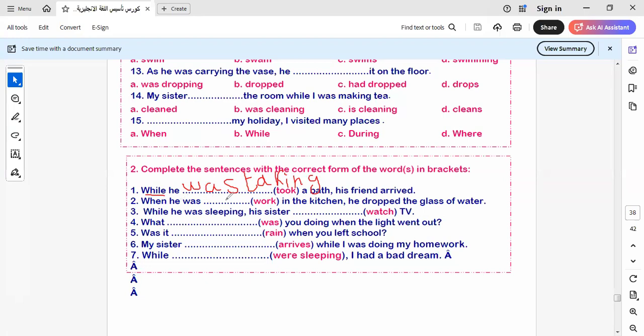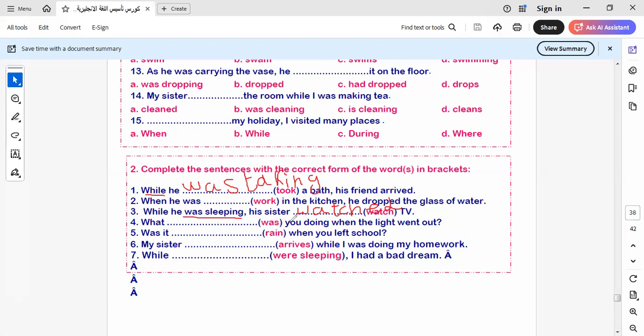While he was sleeping, his sister watched TV. Why watched? Because while must be followed by the past continuous, and the other part of the sentence will be in the past simple form.